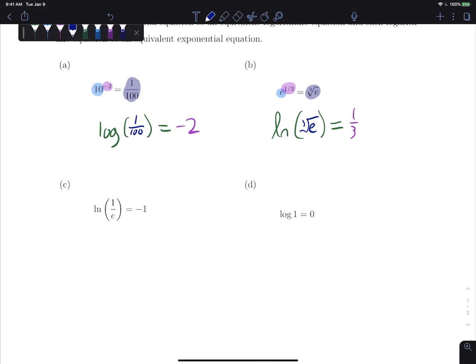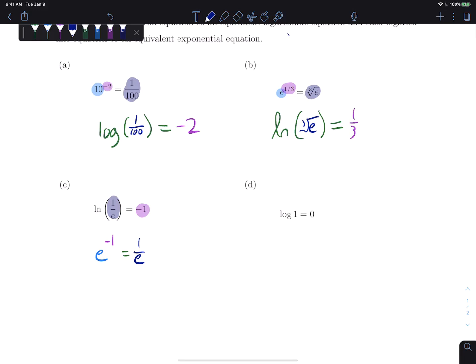Good. Now notice that we're starting with logarithms, and we have ln, so natural log of 1 over e equals negative 1. With ln, that's a base of e, so e to the power negative 1 is equal to the argument, which is 1 over e.